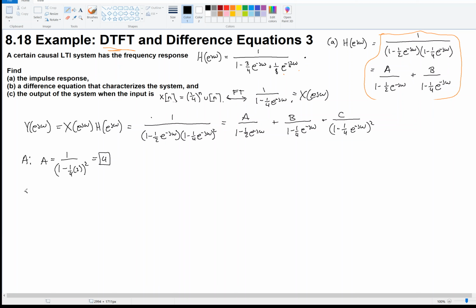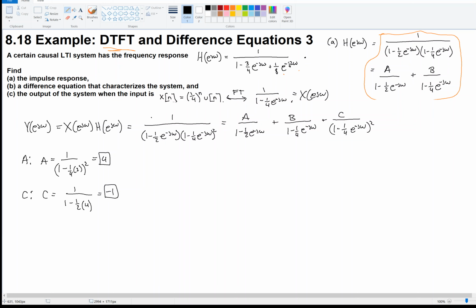I can get C easily. Multiply everything by C's denominator and let e to the minus j omega be 4. So I will get C equals 1 over 1 minus 1/2 times 4. And so 1/2 times 4 is 2. 1 minus 2 is minus 1. So it looks like C is minus 1.